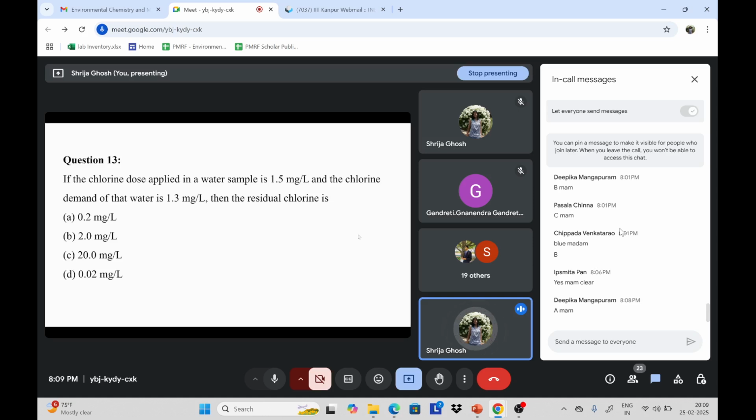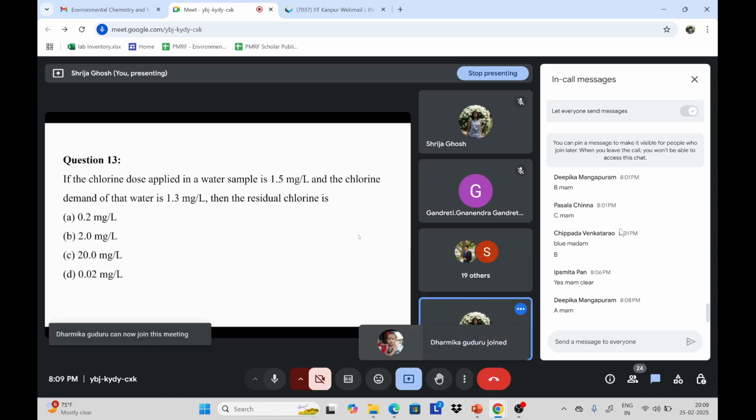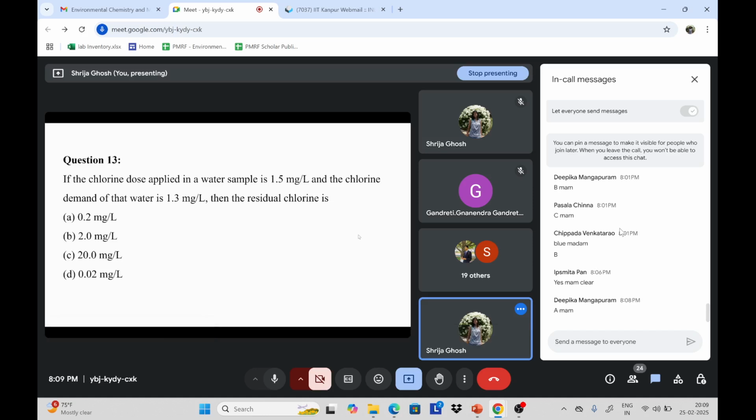Applied chlorine dose is 1.5 mg per liter and chlorine demand is 1.3 mg per liter. Only one person is able to solve this question.